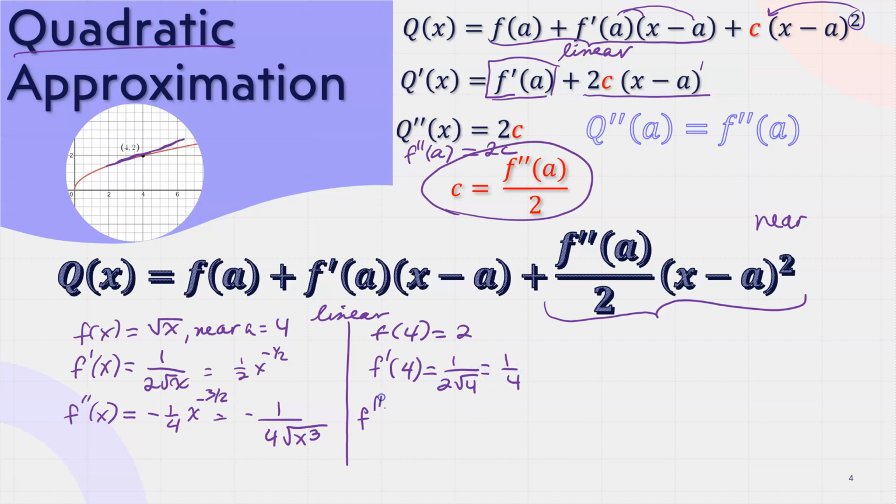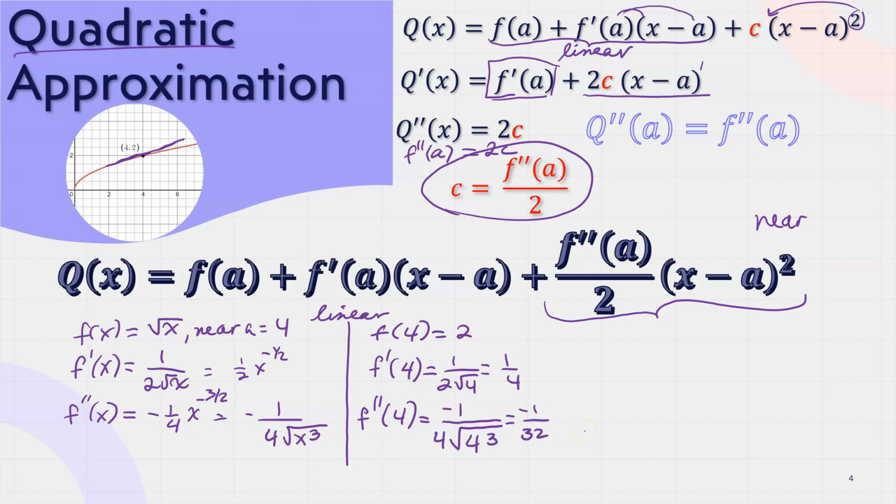The second derivative now at 4 is negative 1 over 4 times square root of 4 to the third power. 4 times 4 times 4 is 64. Square root of 64 is 8. 8 times 4 is 32. That's negative 1 over 32.